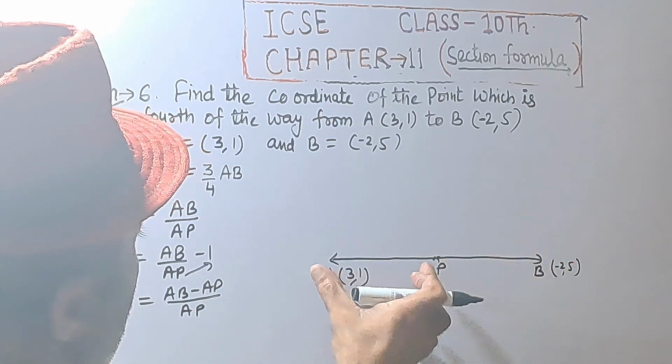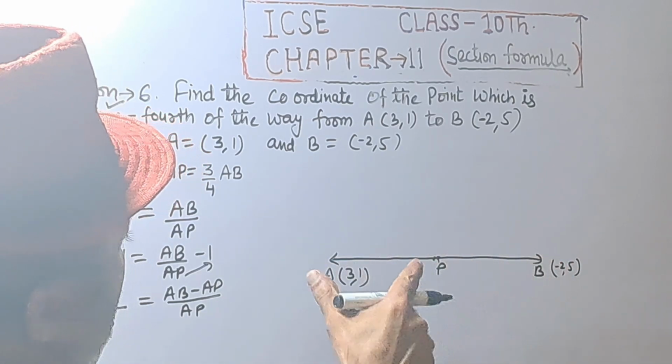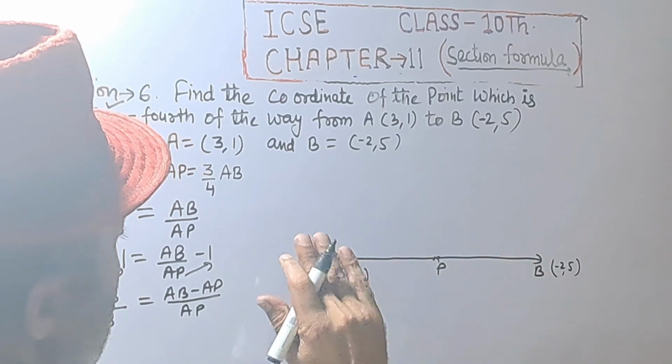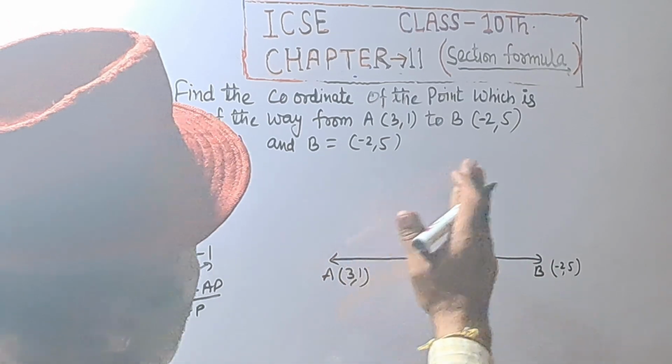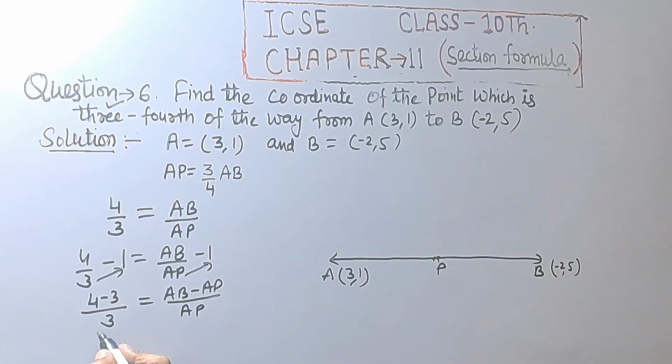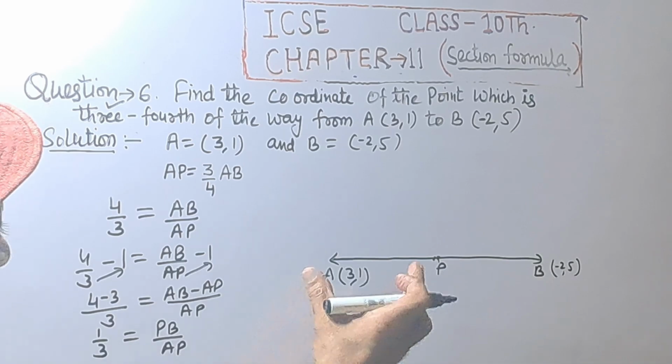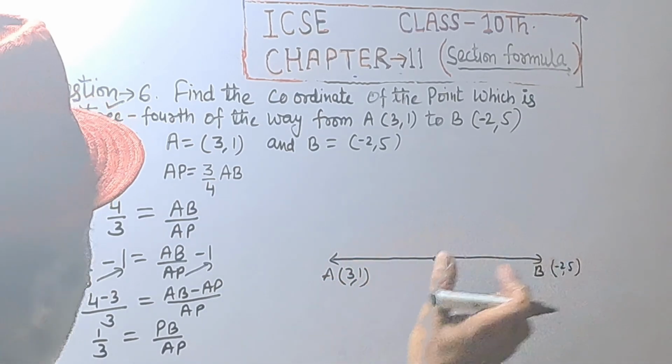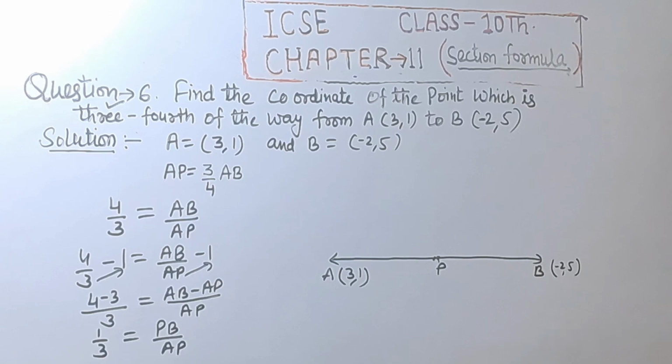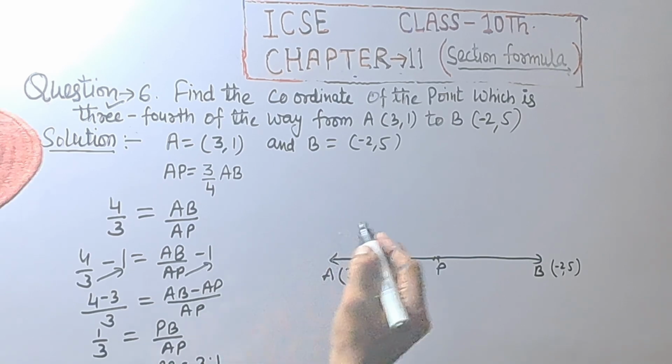AB minus AP is equal to PB. 4 minus 3 is 1, so 1 upon 3 is equal to PB upon AP. And we find the ratio AP to PB, so AP to PB is equal to the reciprocal of 1 upon 3, which is 3 upon 1, that is 3/1.